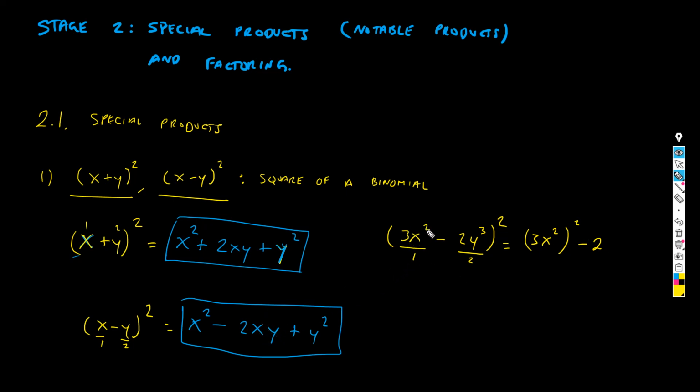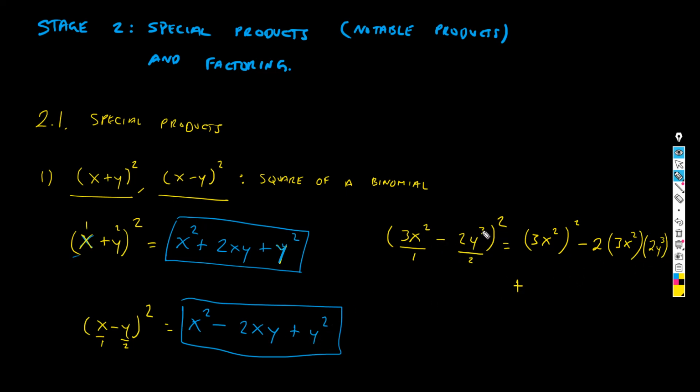So the product of this number times this number. And I'm just going to put it like so. Okay, I ran out of space, so I'm going to continue here. Plus the second number to the square.